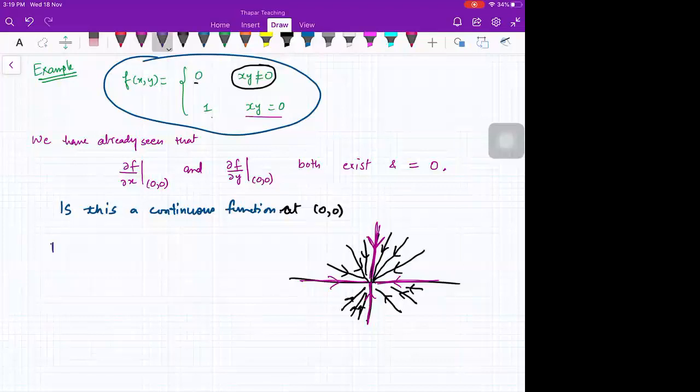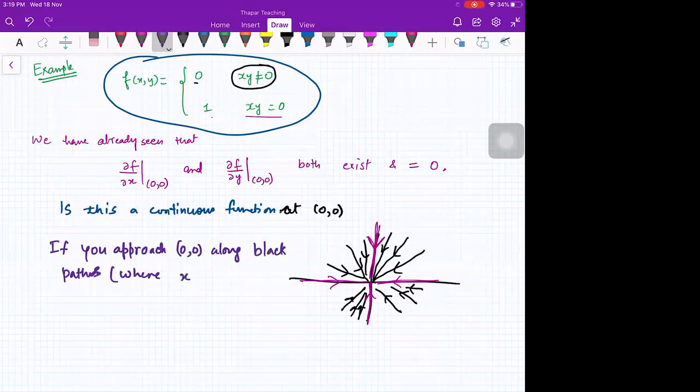So if you approach (0,0) along the black paths where xy is non-zero, you will have limit 0.